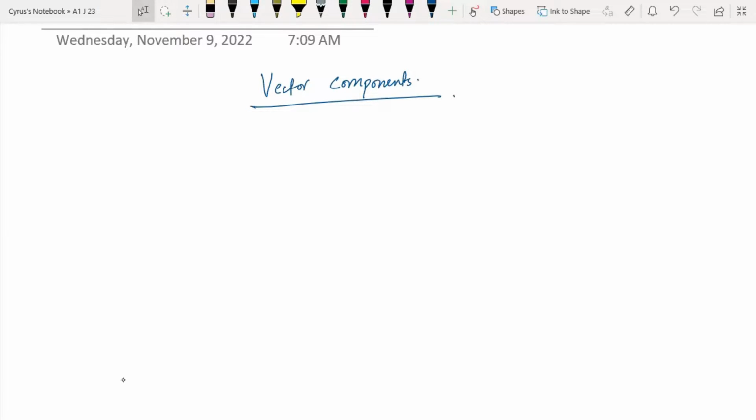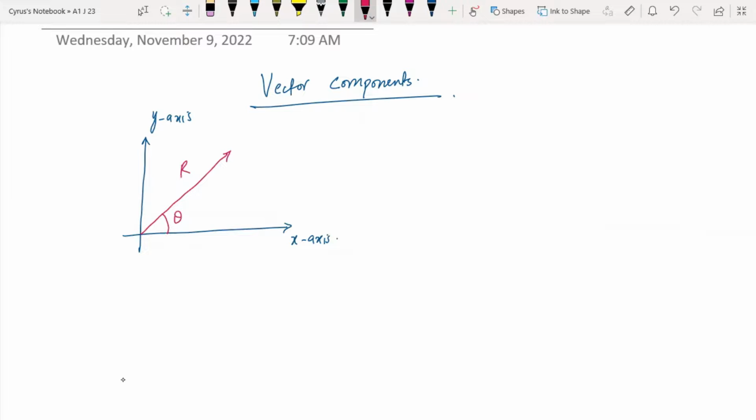For example, I have here the y-axis, and this is the x-axis, and I have here, for example, a vector r, right? This is a vector that we have, and for example, this angle here is theta.